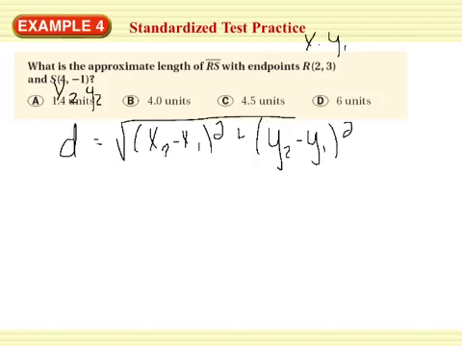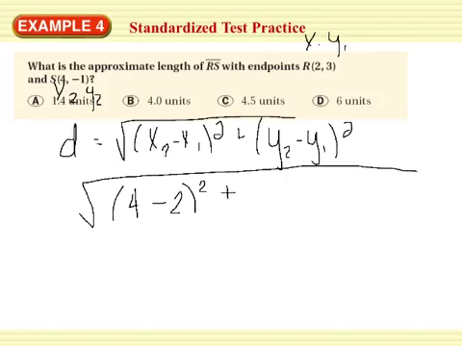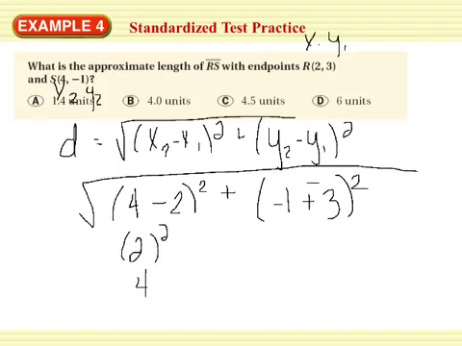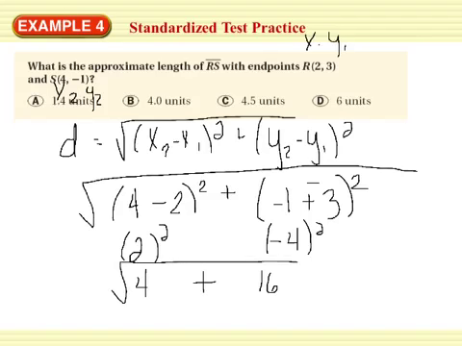So we have x2 is 4, x1 is 2, quantity squared, plus y2 is negative 1, minus y1 is 3, squared. 4 minus 2 is 2, 2 squared is 4, plus negative 4 squared is 16, square root of 20.